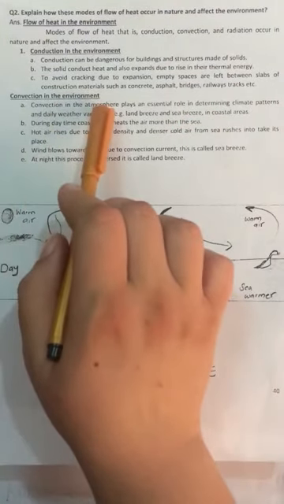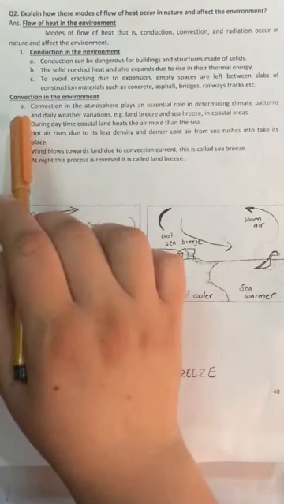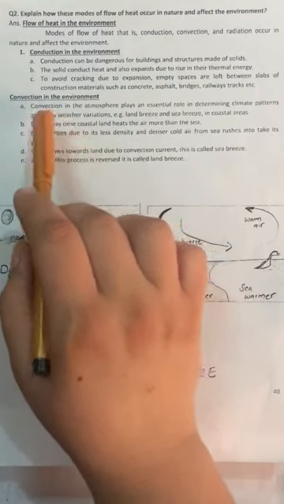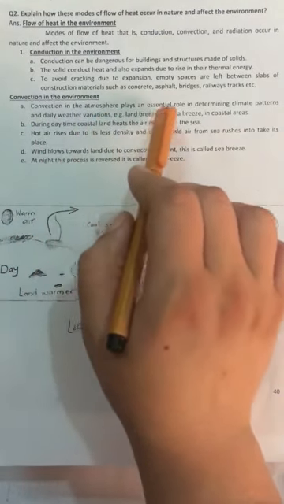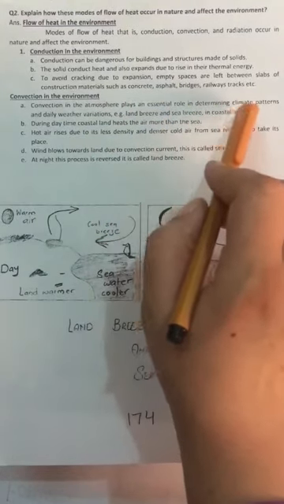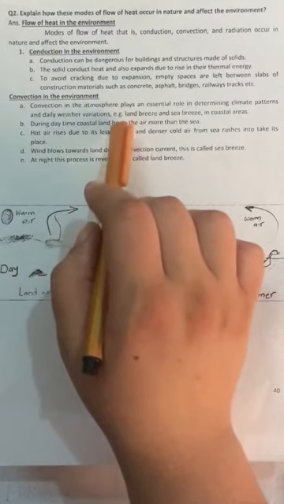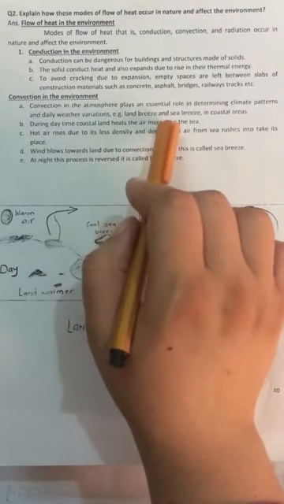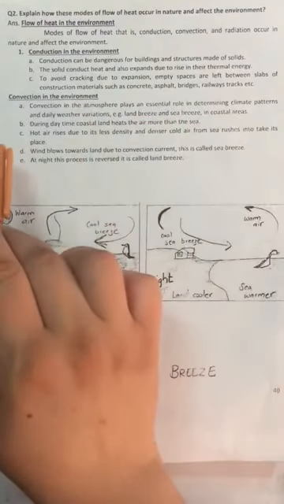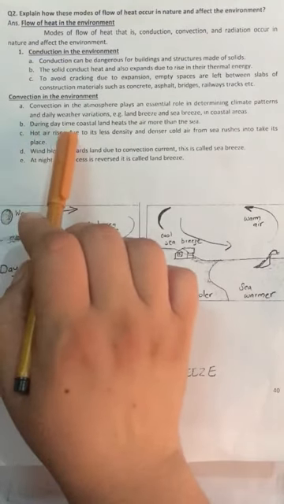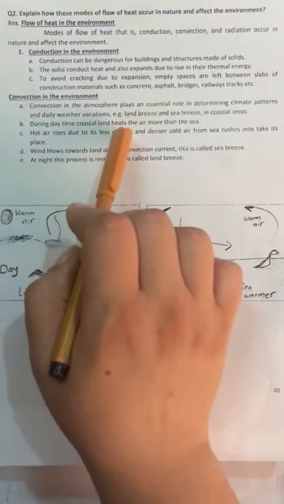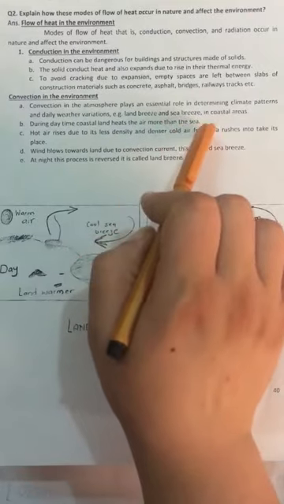Convection in the environment. Point A, convection in the atmosphere plays an essential role in determining climate patterns and daily weather variation, for example, land breeze and sea breeze in coastal areas. Point B, during daytime, coastal land heats the air more than the sea.